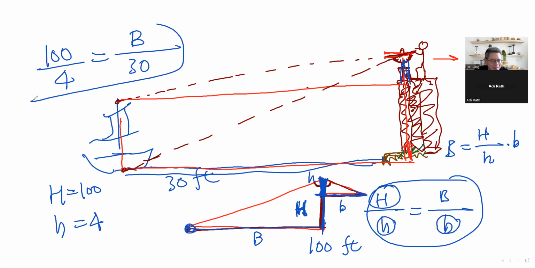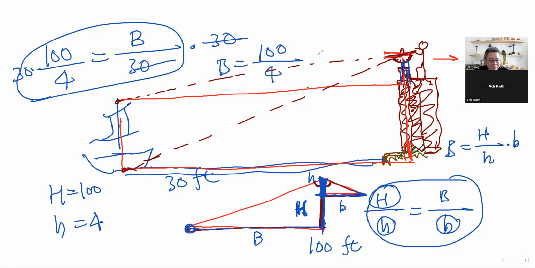So this is called a proportion. Therefore, we can multiply 30 on both sides, and that cancels. So we get B is 100 over 4 times 30, and that gives us 25 times 30, and then 25 times 3 is 750 feet.